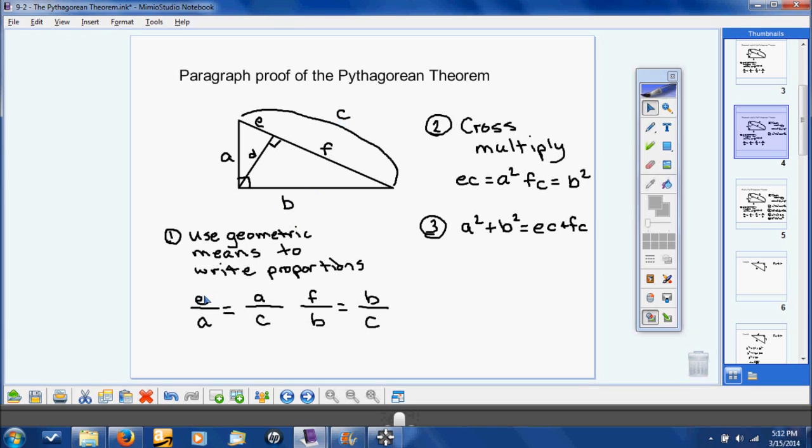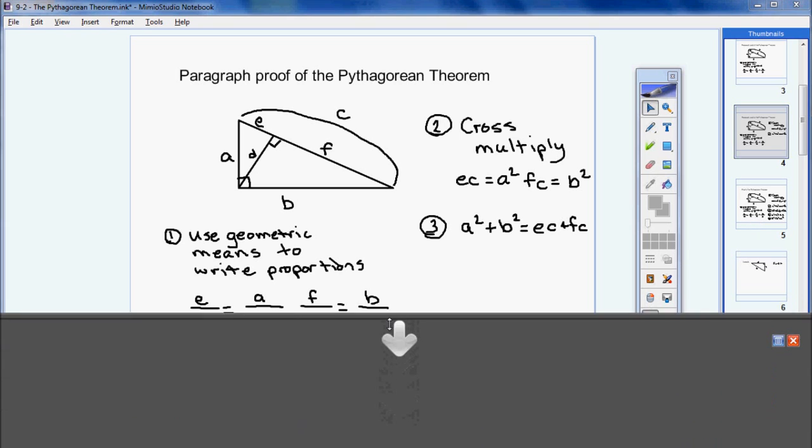So, set up the proportions. These are the geometric means. Cross multiply. Then understand that when you add A squared plus B squared, that's the same as adding EC plus FC. Alright, some of you are probably starting to see where this is going.